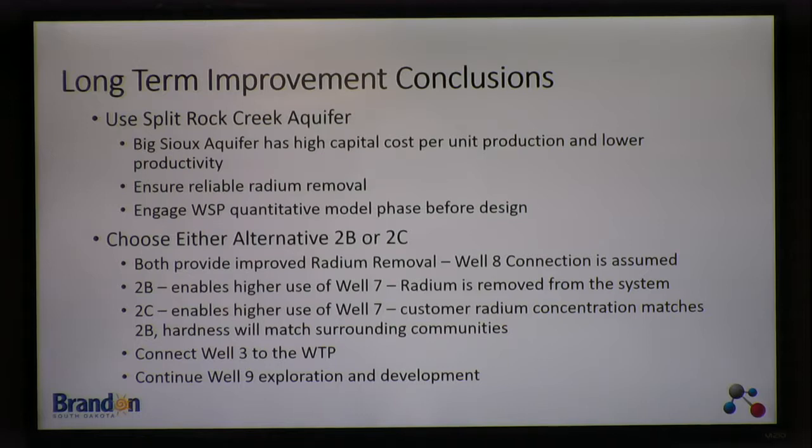But in addition, 2C engages reverse osmosis, enabling the treated water hardness to be similar to the neighbors. It's also recommended to connect well 3 to the water treatment plant.